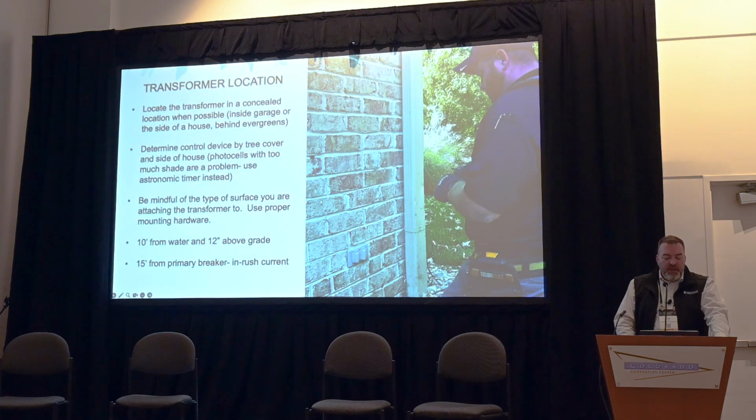You have to watch. And one thing you'll notice, if you're placing a transformer close to where the inbound power is coming for a house near a panel, you have to be careful about inrush current, particularly if you have a lot on that transformer, if it's anything over like 600 watts you're using on that transformer.